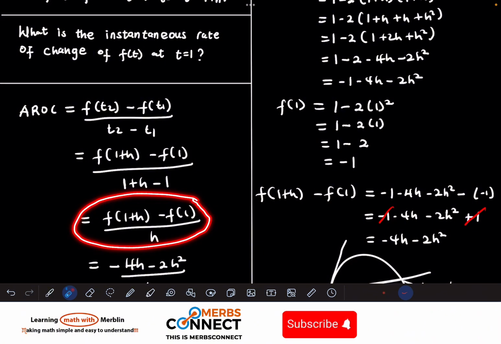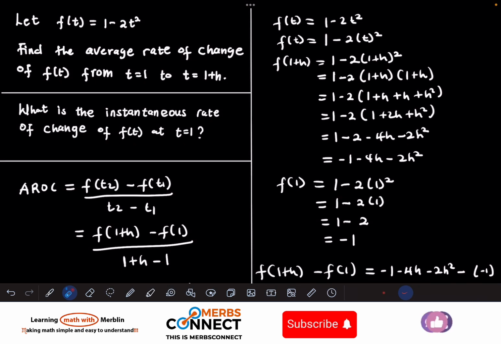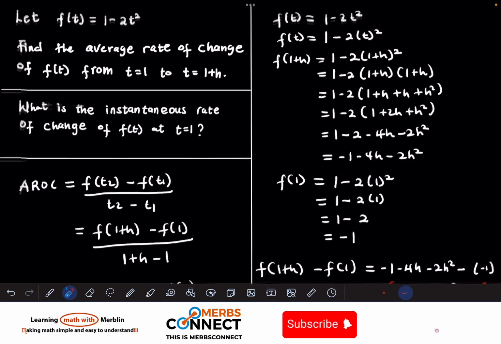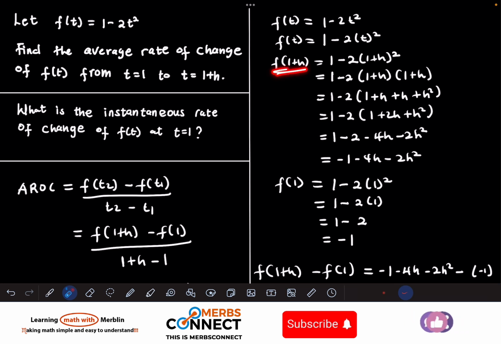So when we got to this stage, then we need f of 1 plus h, we need f of 1. So we need to go and take our function, which is given here, and we said the strategy is, as soon as you write the function down, make sure, since this t is in parentheses, make sure the t in this function too is also in what? Parentheses, which we did here. Then we need to look for f of 1 plus h, which is right here, right?